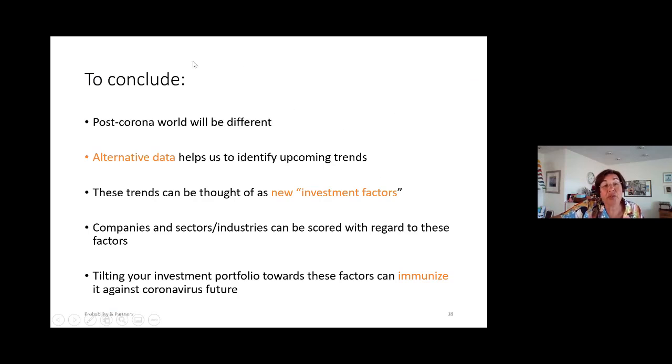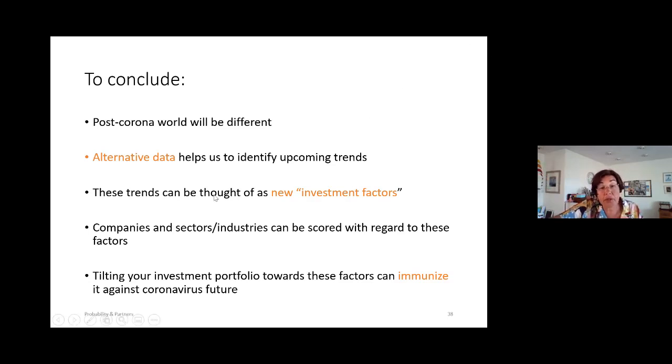Definitely. Okay, so to conclude this part: the post-corona world will be different, and alternative data helps us to identify upcoming trends. Here I only spoke about sentiment and internet searches, alternative data, but also ESG data. But you can think of other data sources to confirm or deny certain ideas about how our world is going to look.